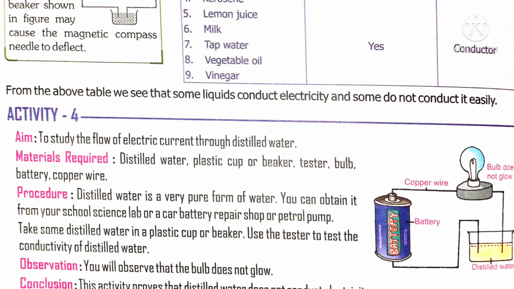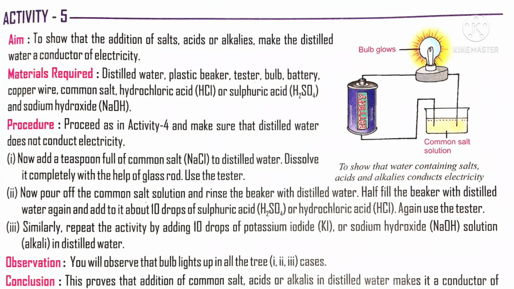But if you add a little acid or salt or base to the same distilled water and make the same circuit in which a battery and bulb are connected, we can observe that the bulb glows brightly. Because after adding acid to the distilled water, what happened? The ions are formed. When you add salt, acid or base to distilled water, it produces more ions.